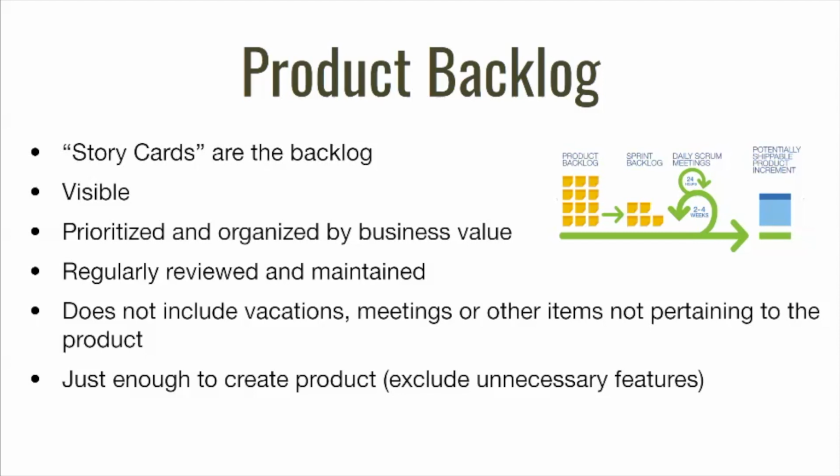There's a role called the product owner that's going to be involved in this. That person is charged with making sure that the prioritization and organization of those things we want to do are done by a certain business value, which is defined by every organization a little bit differently, and that's fine. That's their responsibility, and they will continuously do this on a regular basis.